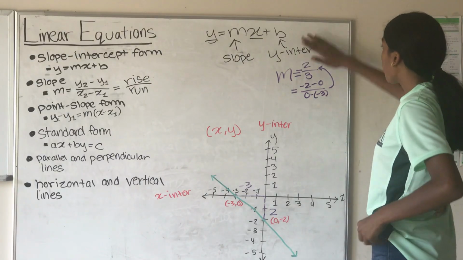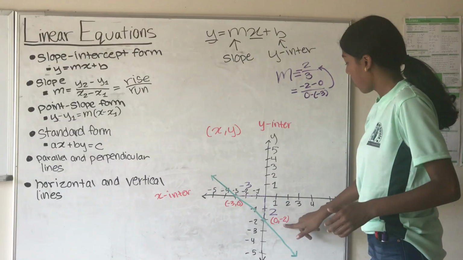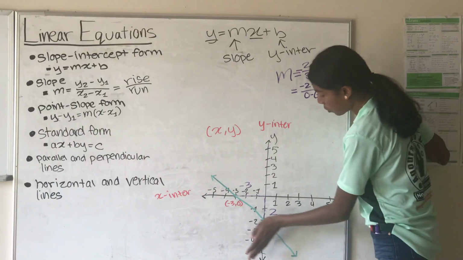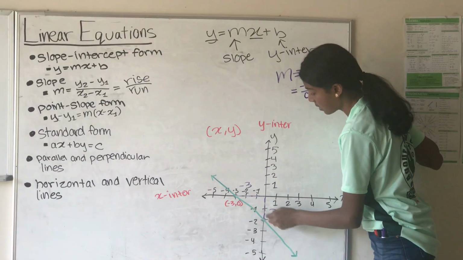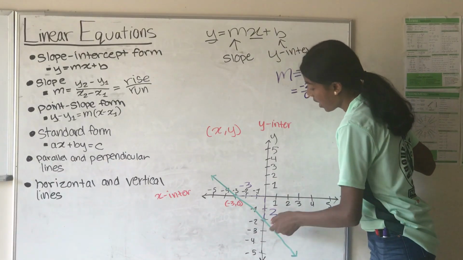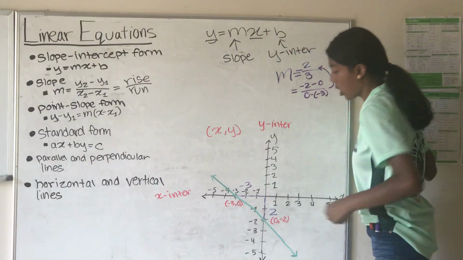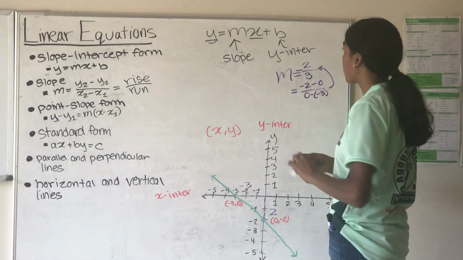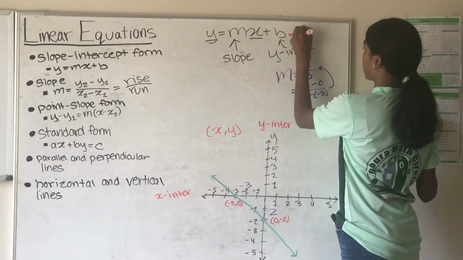Now we want the y-intercept. The y-intercept is just this number here. We're going to ignore the 0, and we see that the line intercepts the y-axis at -2. So our b is going to be -2.